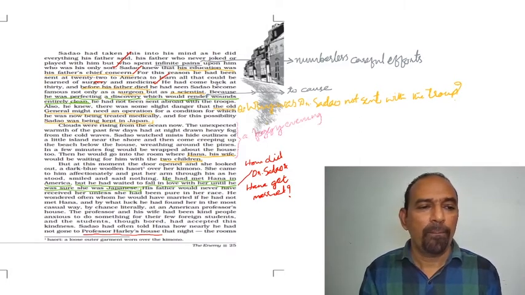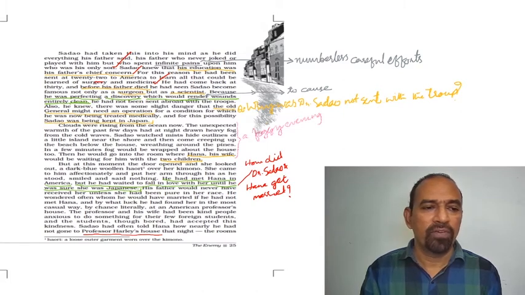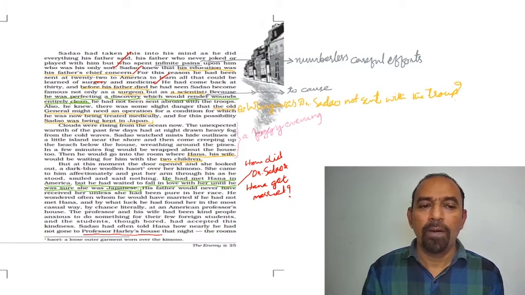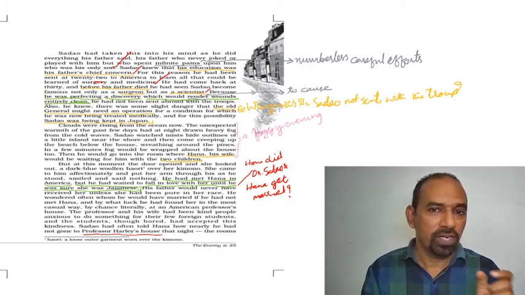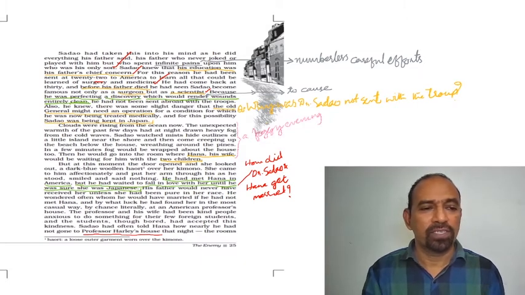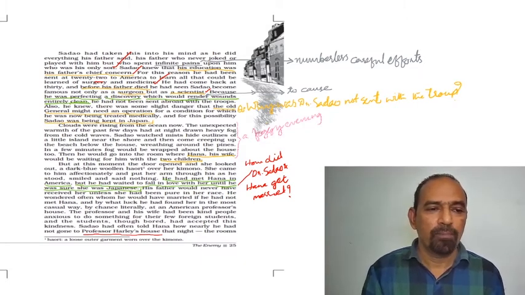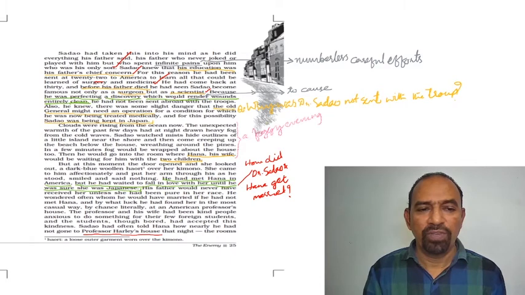He had come back at 30. And before his father died, he had seen Sadao become famous, and not as a surgeon but as a scientist. Before his father's death, he became famous both as a doctor and as a scientist, because he was perfecting a discovery which would render wounds entirely clean.